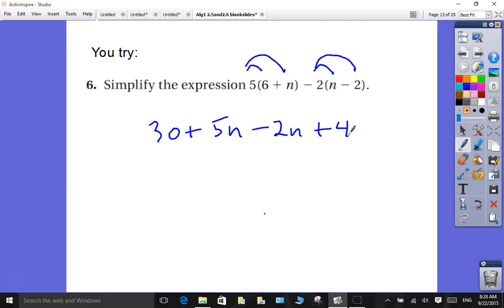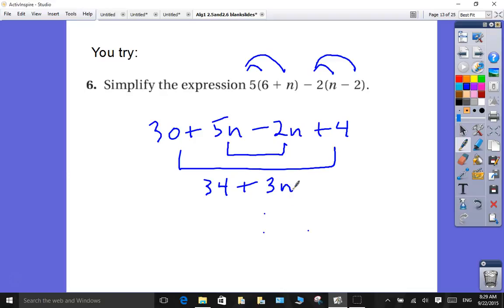Which are the like terms? These are the like terms, so 30 plus 4 is 34. And 5n minus 2n would be 5 minus 2 times n, which is positive 3n. Oh, I wrote it the other way around.